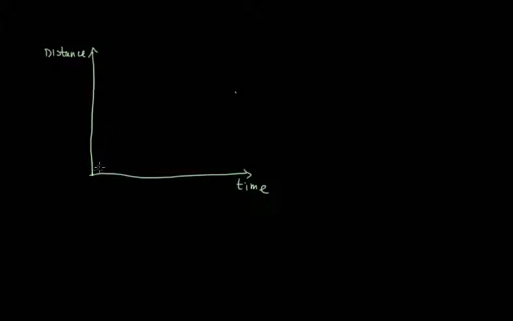So say we've got something like this. As time is increasing, the distance from this point is going up. So you can see this indicates motion. If it's a straight line, the motion is at a constant speed. And if you were to calculate the gradient of this line, just in the same way as we did when we were doing line graphs, it would give us the speed.